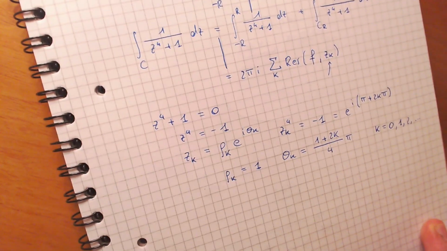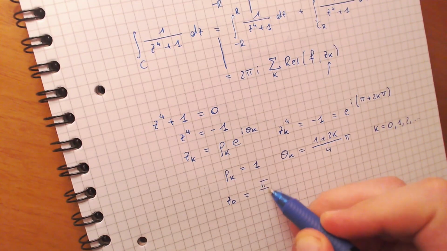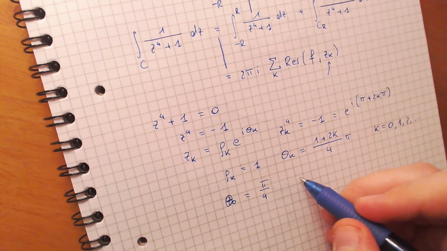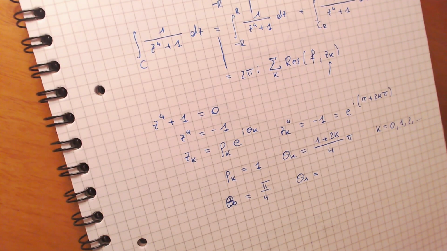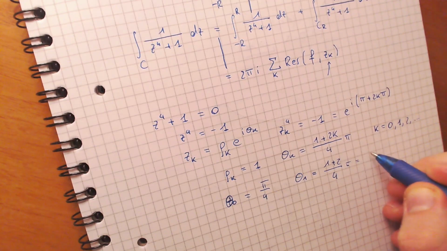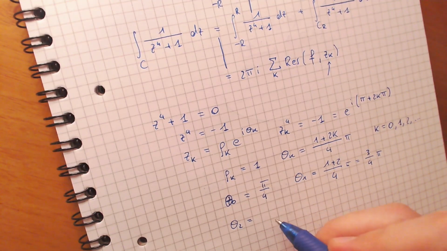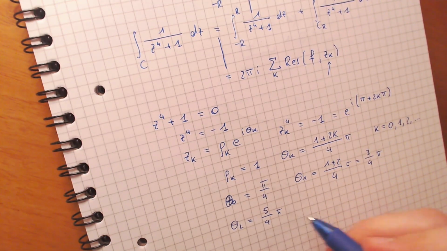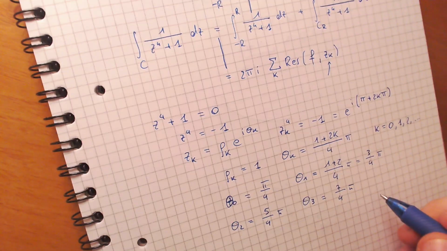Because of this, theta_0 is pi over 4, then theta_1 is given by (1 plus 2) over 4 pi, so it is 3 over 4 pi, then theta_2 is 5 over 4 pi, and then theta_3 is 7 over 4 pi.